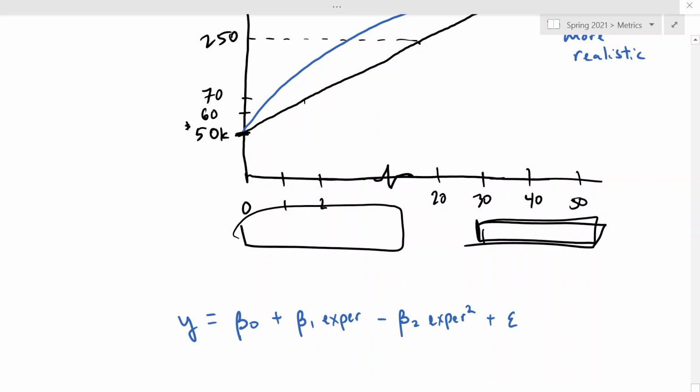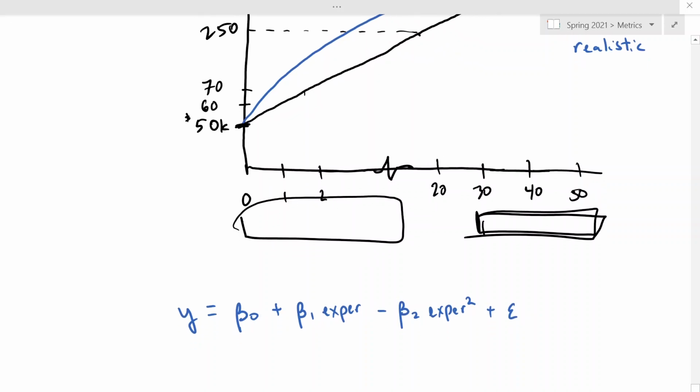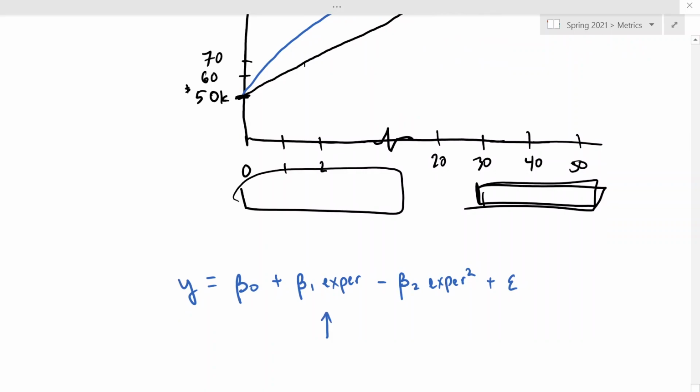And so what that's saying is that in this kind of first derivative, experience is increasing, but it's increasing at a decreasing rate. So it's still going to be going up, but it's going to be going up more and more slowly over time.